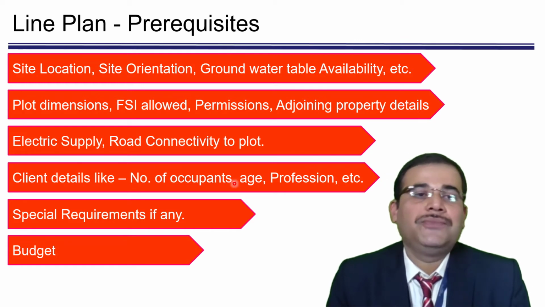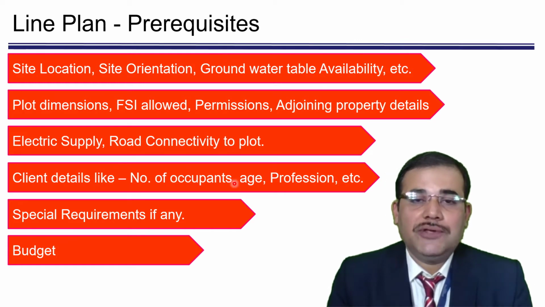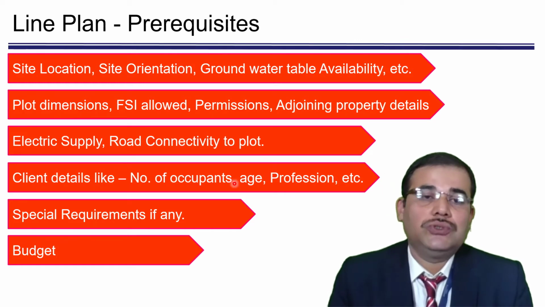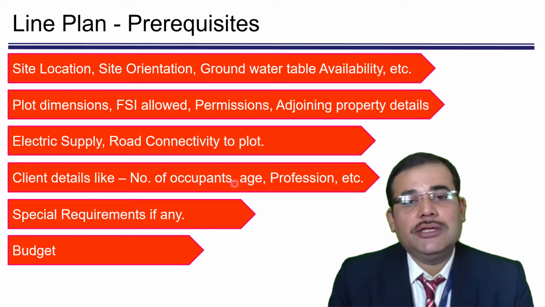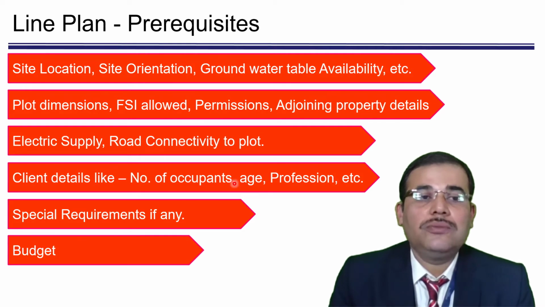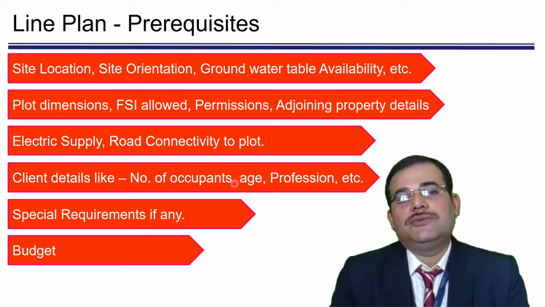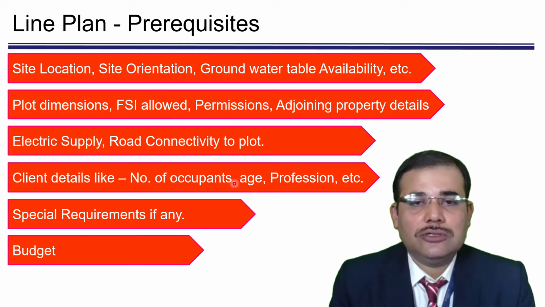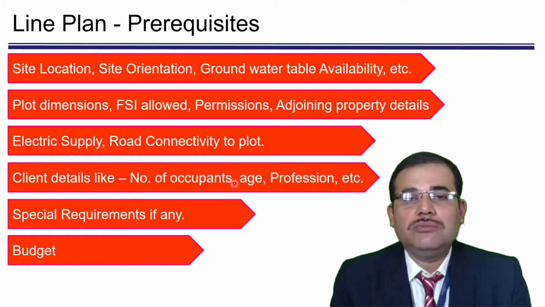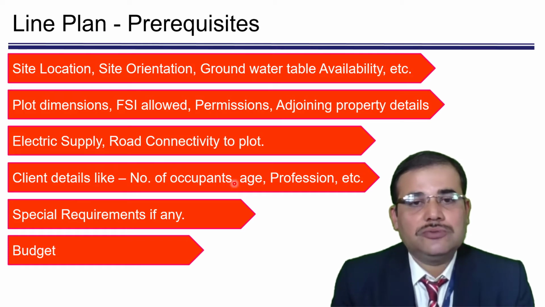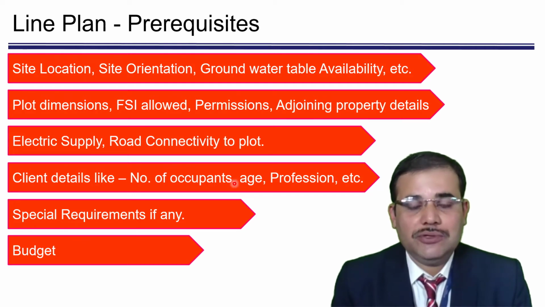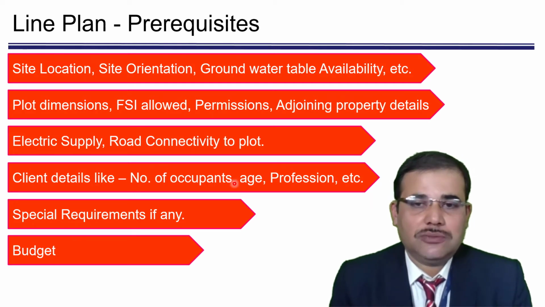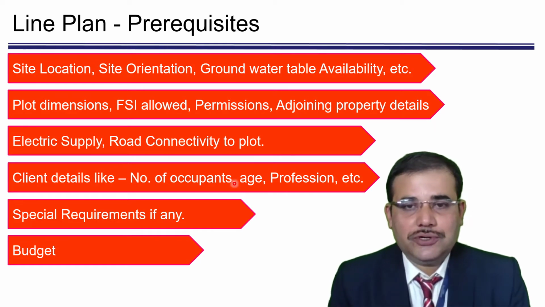Plot dimensions are very important just to validate whether the permitted FSI is being followed by these dimensions or not. Permissions from local authorities, and from different agencies like MSCB, the drainage department, water supply lines, etc. are also important.